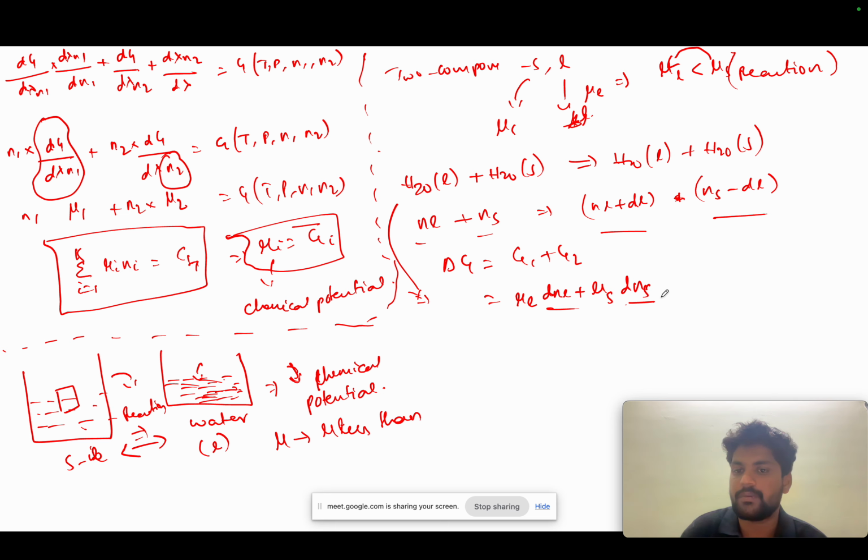Both changes are equal in magnitude, which means one is decreasing and the other is increasing. So it means mu L dNL minus mu S dNL.